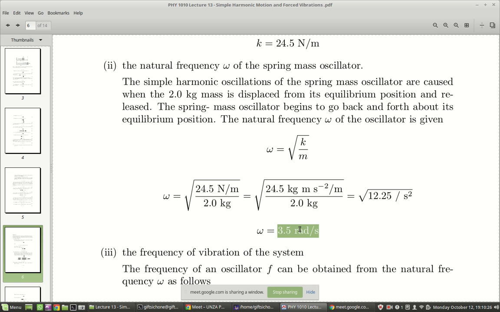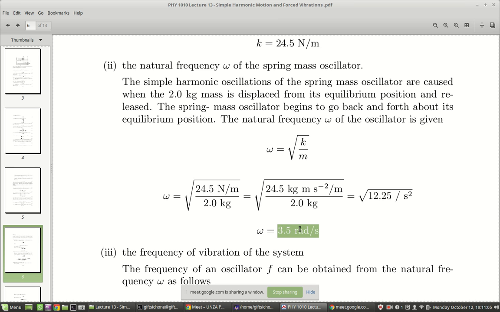It's like when you attach something to a string and rotate it, you make it move in a circle. It's going back and forth, as if something is moving in a circle, and that's what these units are telling us. Our natural frequency is actually the angular velocity. When something is moving in a circle and you look at it from the top, it appears as if it's just going back and forth.